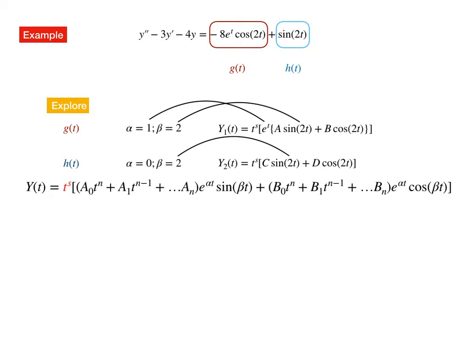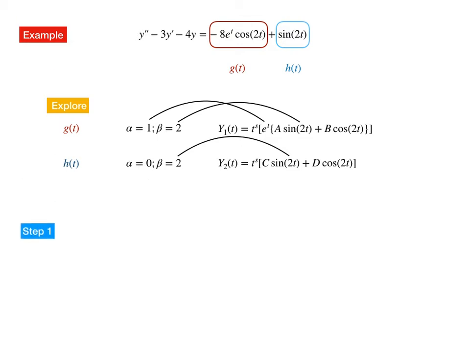So then y2 of t, the undetermined coefficient form of h of t, is of this form. You can see that I use A, B, C, D. They're different notations for all these unknown coefficients, to make sure that these functions are different from each other.